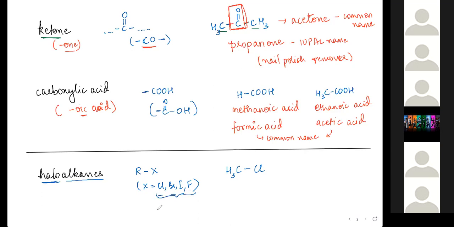This family of 4 elements are called halogens. The alkane refers to which alkane we are using, how many carbon atoms long. Here the halogen is chlorine and a single carbon atom, so this one's name will be chloromethane.